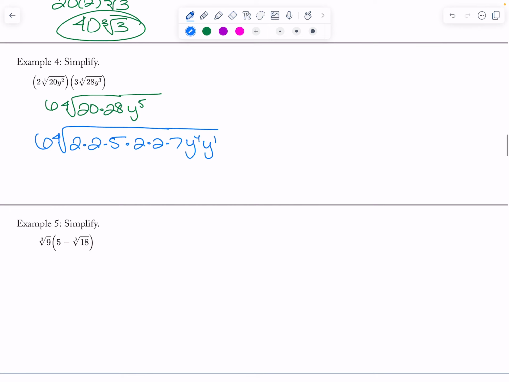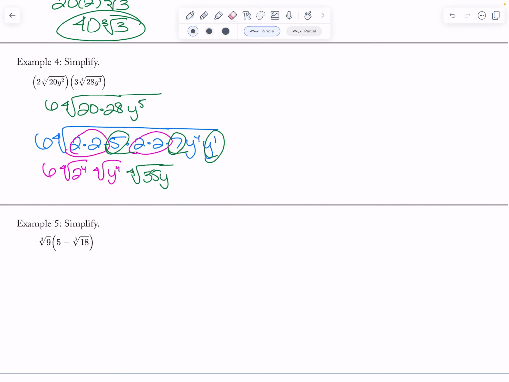So I have 4 2's now. Right, so this is 6 fourth root of 2 to the 4th. I have the fourth root of y to the 4th, and then I have left over a 5, a 7, and a y. So it's the fourth root of 35y.